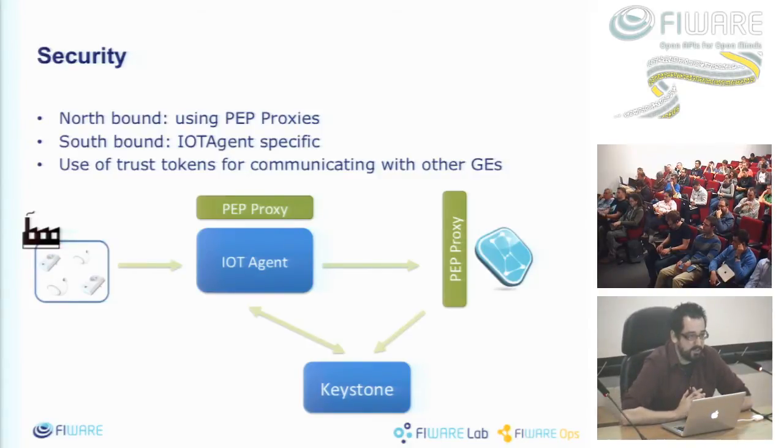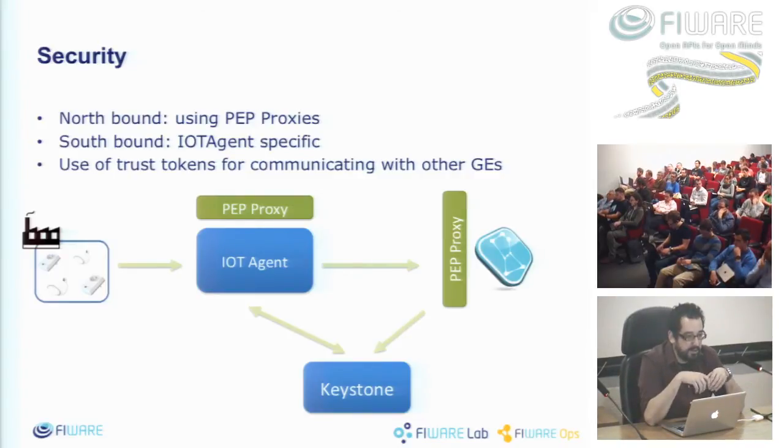If you have any questions about this, have you understood? Well, more or less. The idea is that a user can create a particular permanent token that will be associated with one of their device groups or one of their devices, and the IoT agent will use that trust token to retrieve an access token.